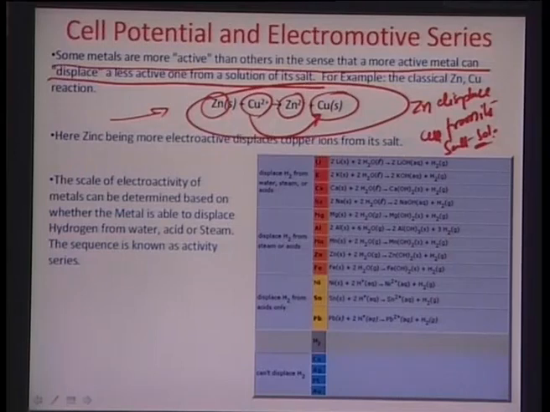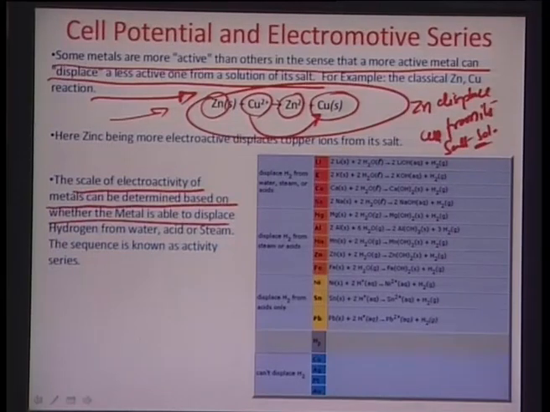Based on this ability of materials to displace each other from their solution state, there is a scale of electroactivity, especially of metals, which has been formulated on the ability of the metal to displace hydrogen from water, steam or acid.